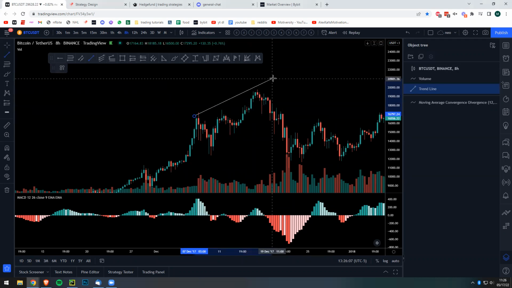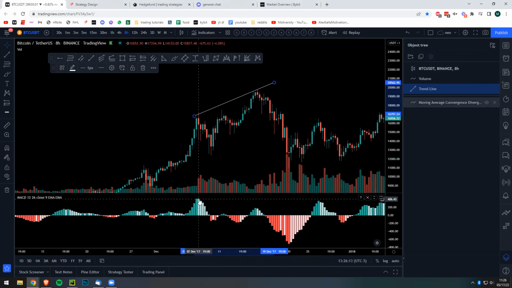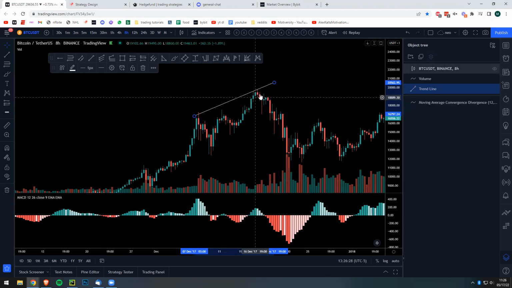We see that we are making higher highs. So we have a high. We have a higher high right here as well. But then we are making lower highs on the histogram here. And on top of that, we do have a lighter blue color right here for the histogram, and that's also signaling here.